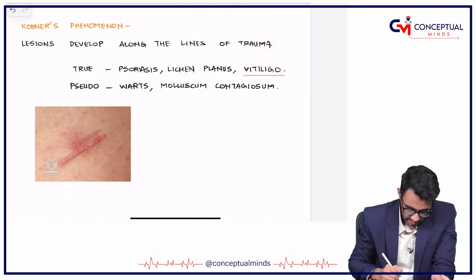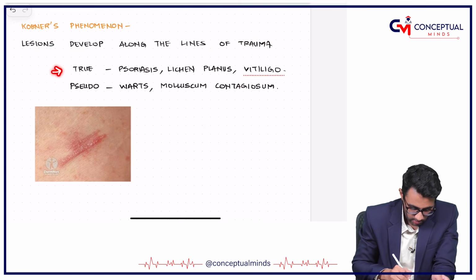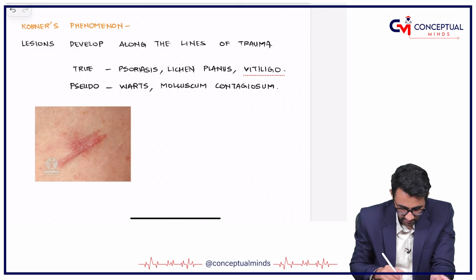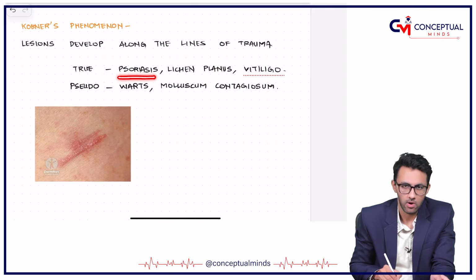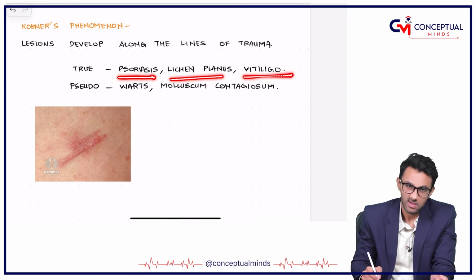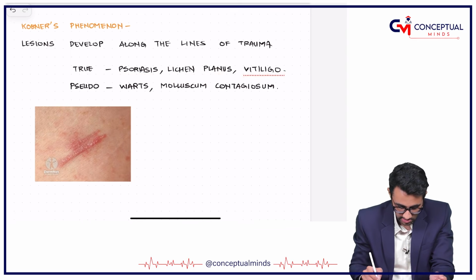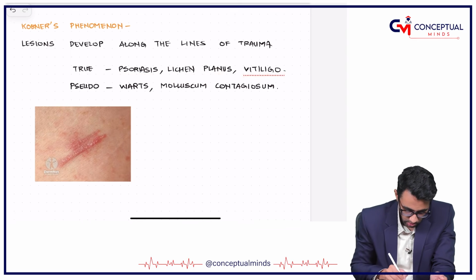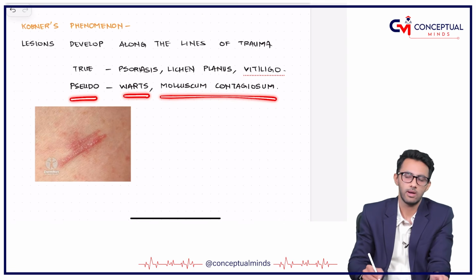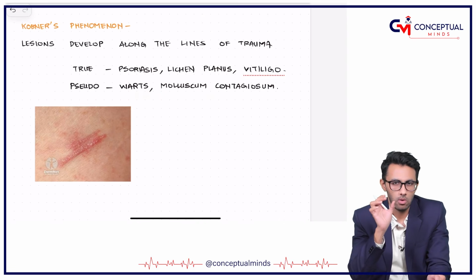These could be true or pseudo Koebner. True Koebner can be seen in psoriasis, the topic of discussion, lichen planus and vitiligo. Pseudo Koebner phenomena are seen in warts and molluscum contagiosum.